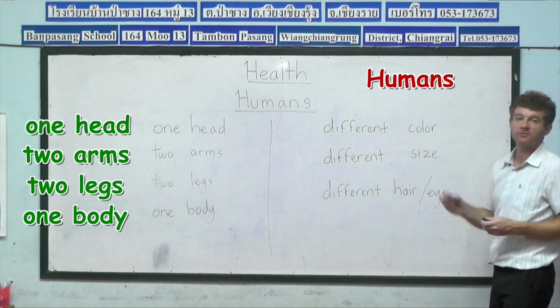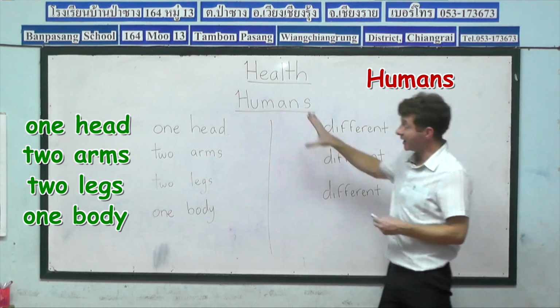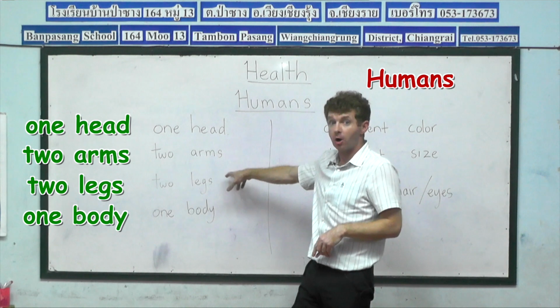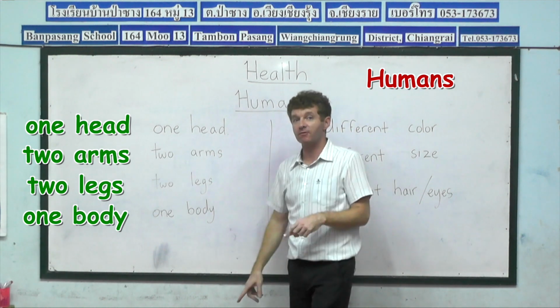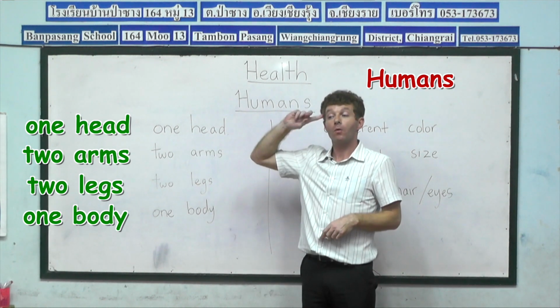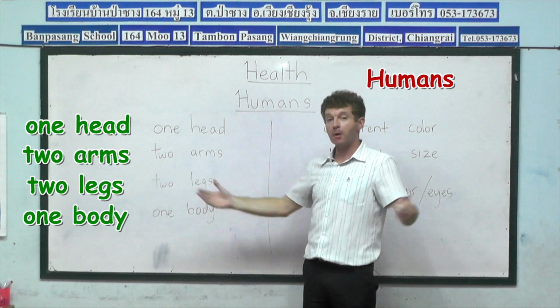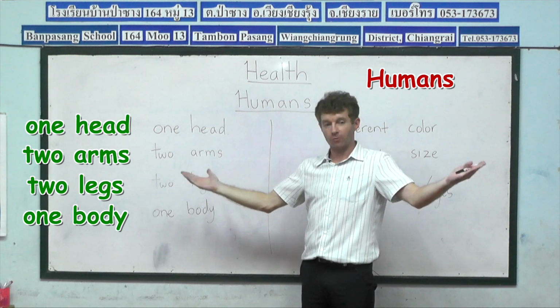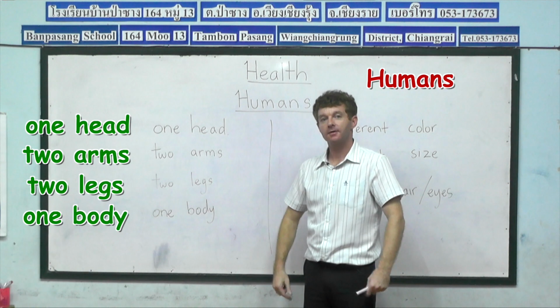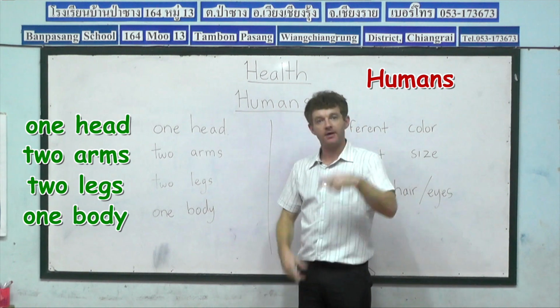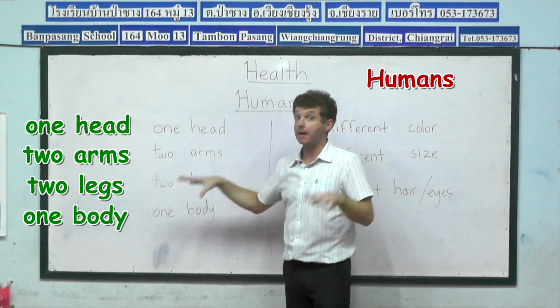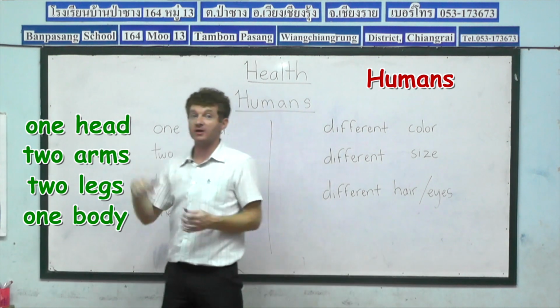So you see, as humans, we have some things that we all have in common. We share some characteristics. One head. How many arms? Two arms. How many legs? How many bodies? You see, all of us in this room and most people on the planet all share this.